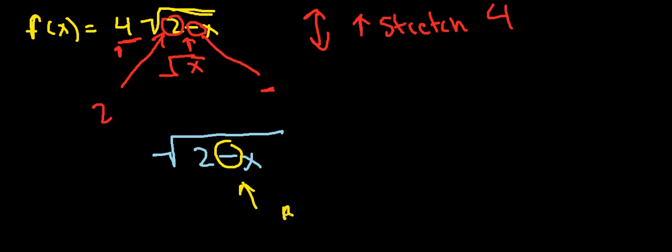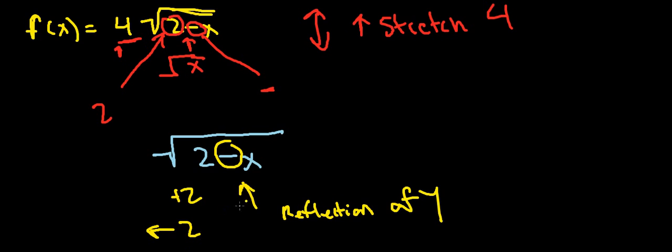So they'd say reflection of y, and then they'd say, well, we have a plus 2 here, so that would mean a horizontal shift of 2 units. But if you said this, you would be wrong. So these are wrong. Well, we'll see why in a second. Well, not this one. This isn't wrong, but this would be wrong.